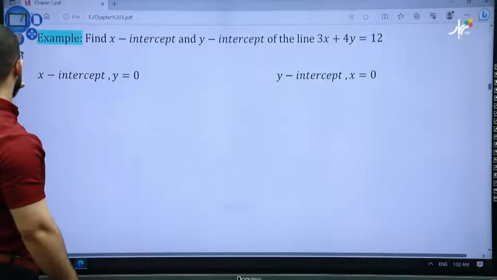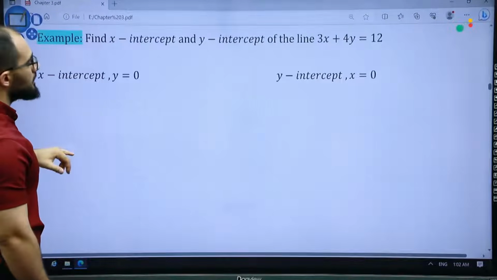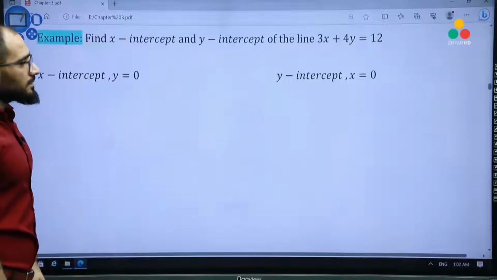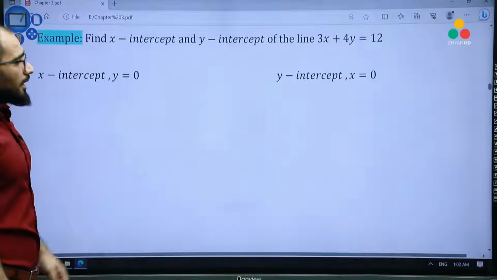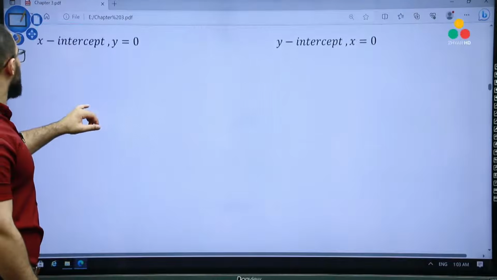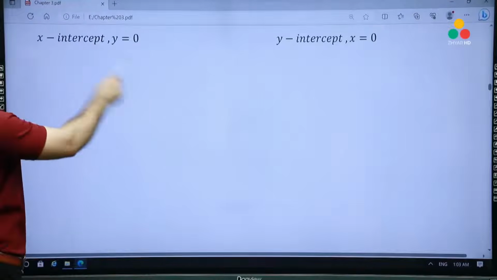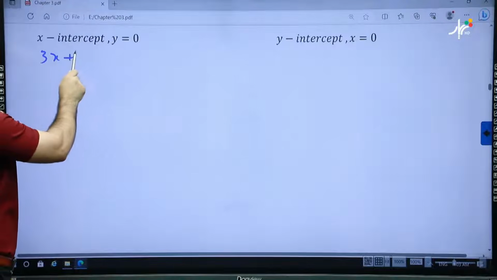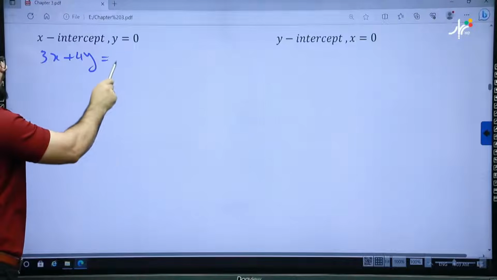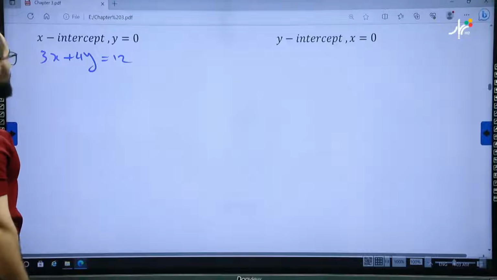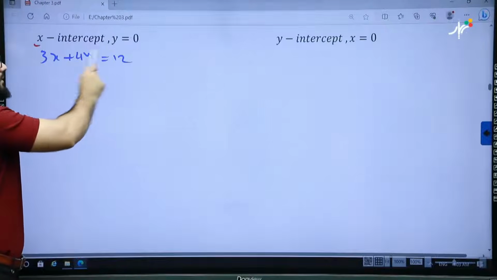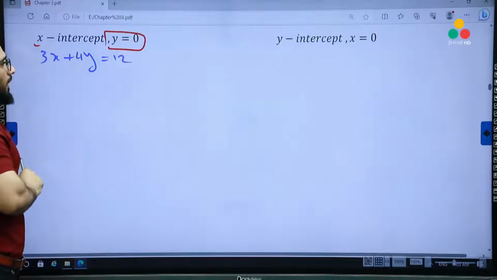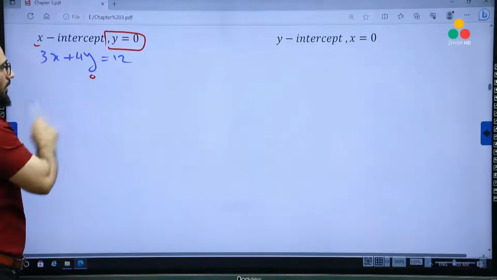Another example: find the x-intercept and y-intercept of the line 3x plus 4y is equal to 12. For the x-intercept, 3x plus 4y is equal to 12. Because we want to find the x-intercept, y is equal to 0. Where is y? This is y. Y is equal to 0.